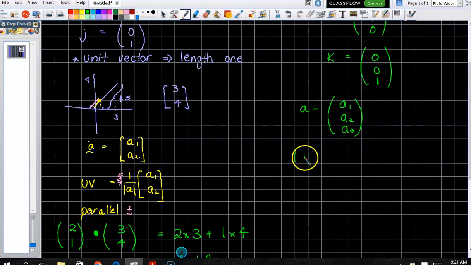The length of the vector still uses the same notation, and lo and behold, it's going to be the square root of a1 squared plus a2 squared plus a3 squared. Same deal.